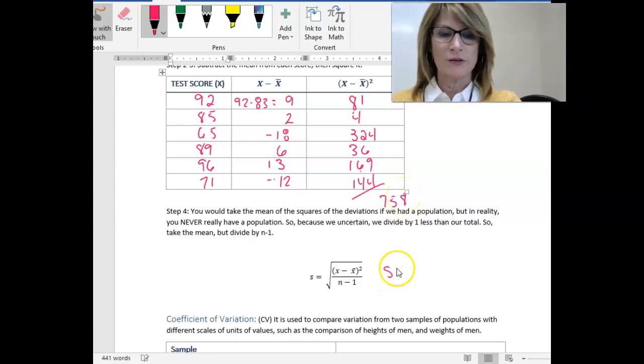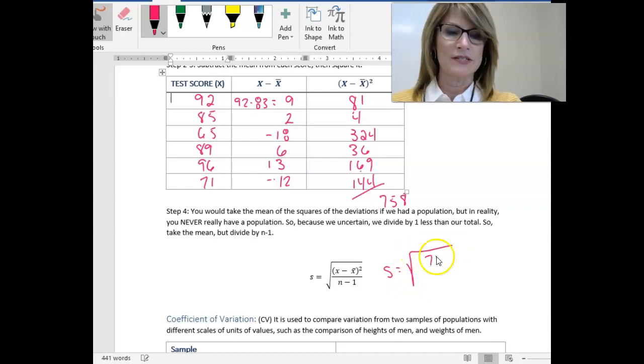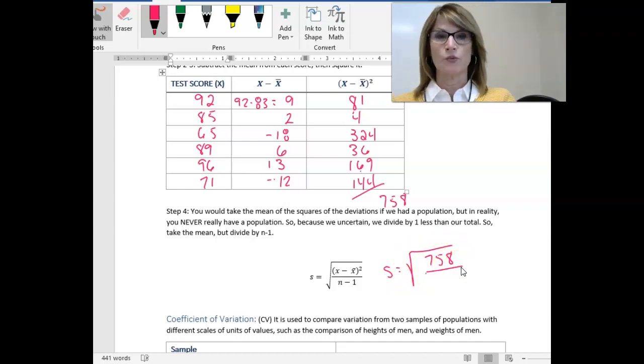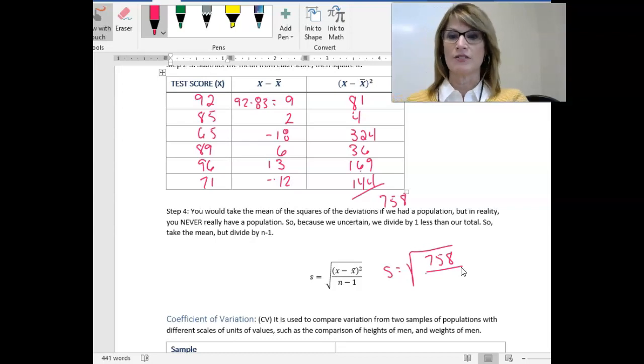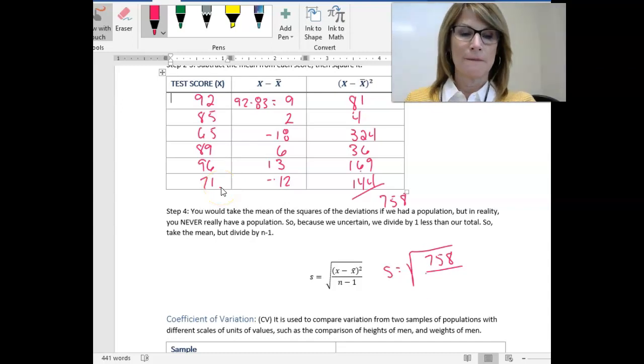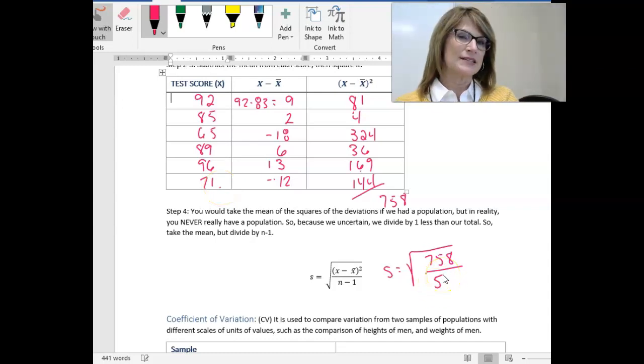So we're going to take the square root of 758 and divide that by n minus 1. N is how many things we have. So we have 1, 2, 3, 4, 5, 6 scores. So since this is a sample standard deviation, we're going to divide by 5.